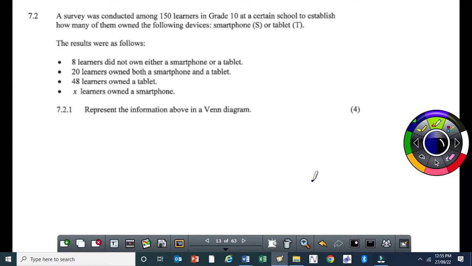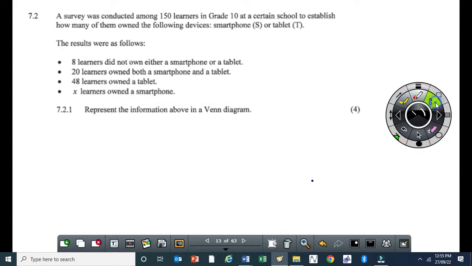So, when you are drawing a Venn diagram, this is extremely important. Always identify what's common for both events. That's what you have to start with. So we have our two events, smartphone and tablet.